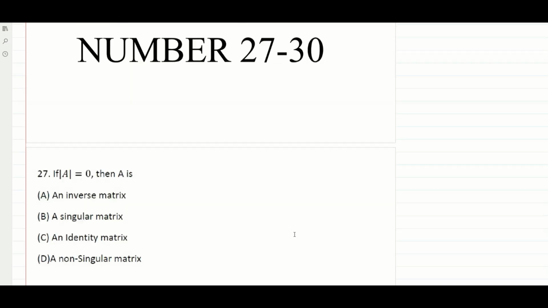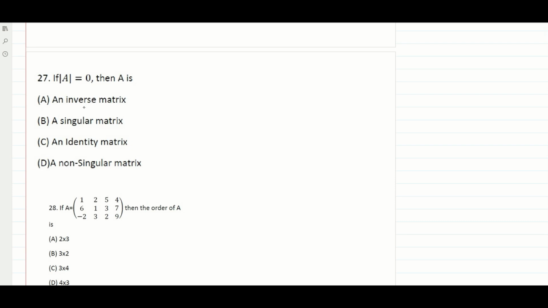Right, January 2023, paper 1, section 9, number 27 to 30. Let's look at this. They want, okay, so this is a note. If your determinant is equal to 0, remember, this A means your determinant of matrix A. So if your determinant of A is equal to 0, therefore it is a singular matrix B. Okay, we already did this.